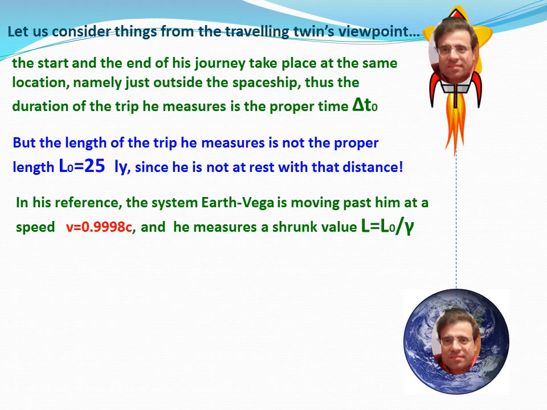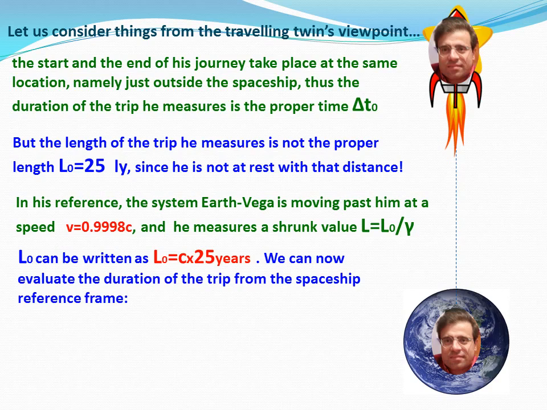Therefore, he measures a shrunk value, un valore contratto, L equals L0 over gamma. If we measure time in years, L0 can be written as L0 equals c times 25 years.